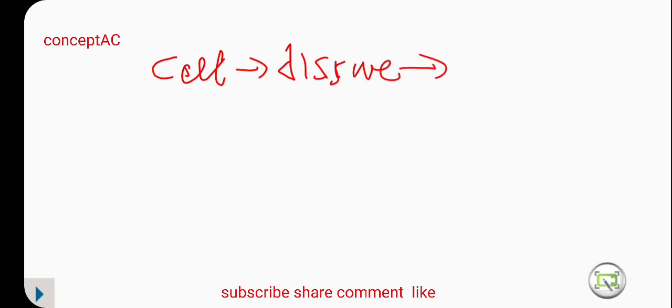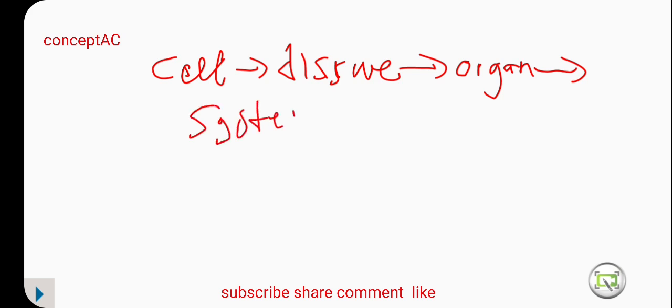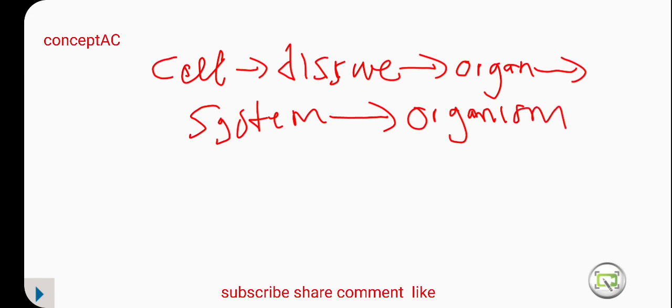Then groups of tissues that have similar function make an organ. Then groups of organs that have similar function make a system. Then groups of systems make an organism. So this is how cells are organized.